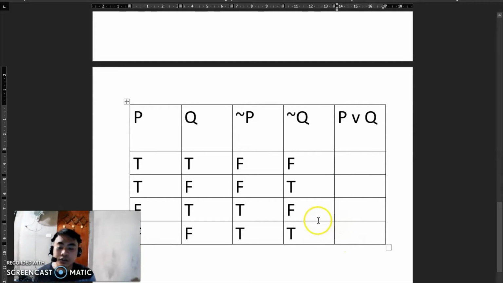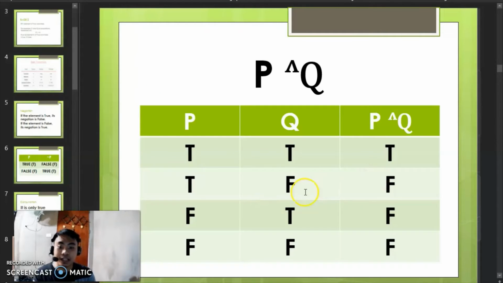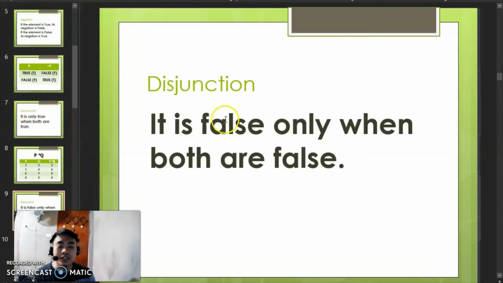Kung kanina sa conjunction, dapat parehas silang true to make it true. Pagdating naman po sa disjunction, ito yung sinolve natin. Kanina, we have P and Q. Ang ating nakuhang elements ng P and Q ay true, false, false. Okay? So, the next one is disjunction.